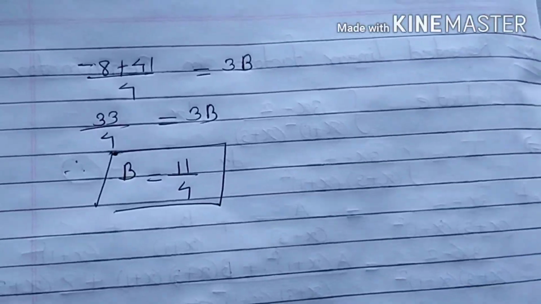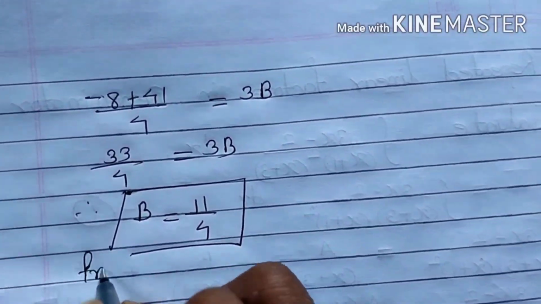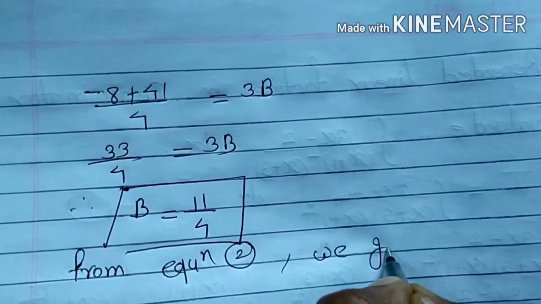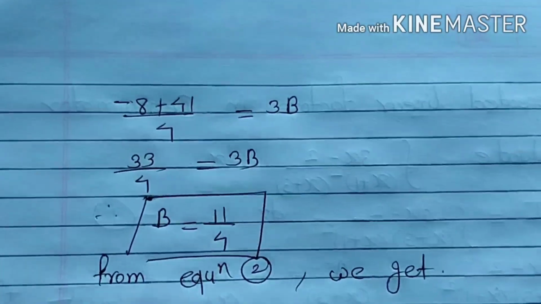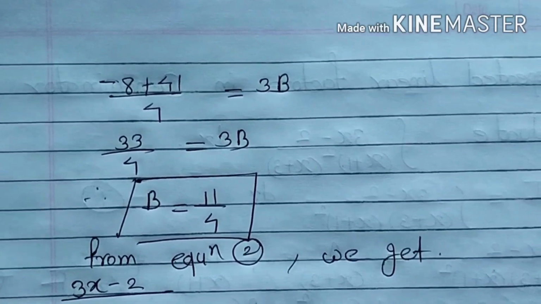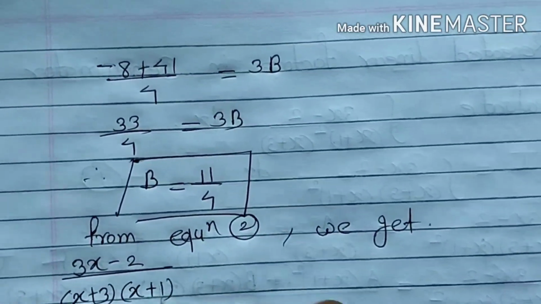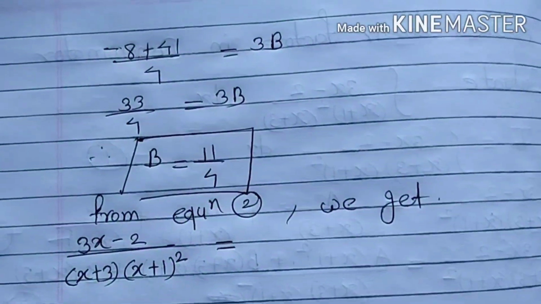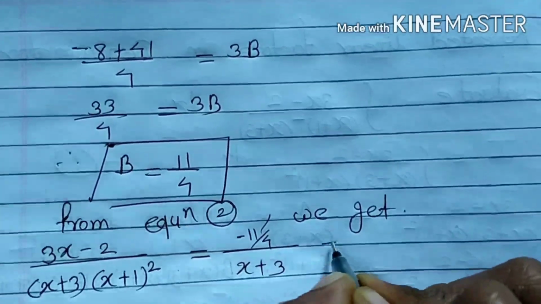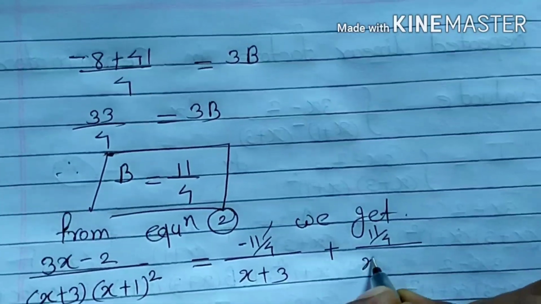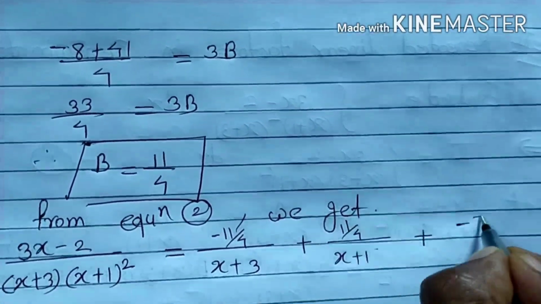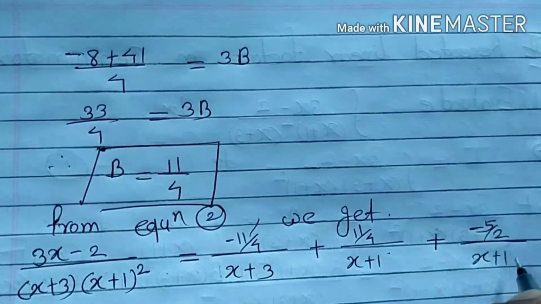Now using these values in equation second, we have to put all the values in equation second. So it is 3x minus 2 upon x plus 3 into x plus 1 whole square, which is equal to the value of a, minus 11 by 4 upon x plus 3, plus the value of b, 11 by 4 upon x plus 1, plus the value of c, minus 5 by 2 upon x plus 1 whole square.